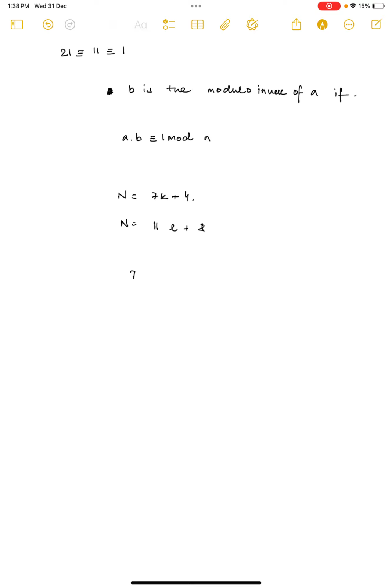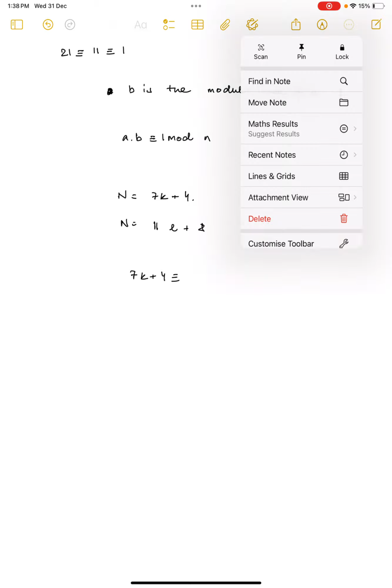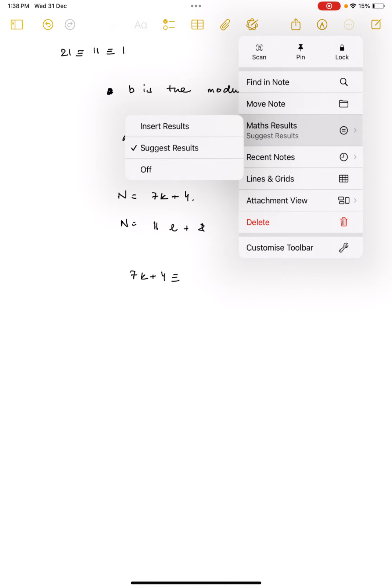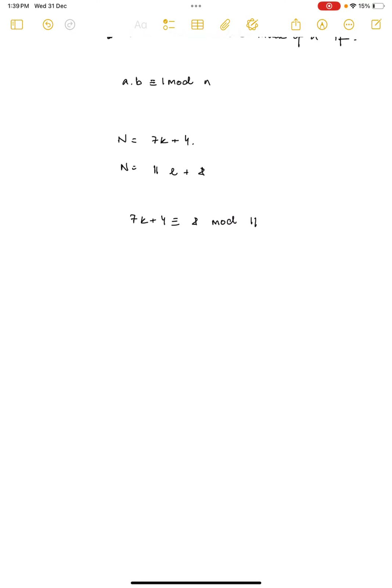So we can say that 7k plus 4 is congruent to 8 mod 11, which basically means that 7k plus 4, or n, when dividing by 11, leaves the remainder 8, and we have substituted the value of n from here. 7k is congruent to 4 mod 11.